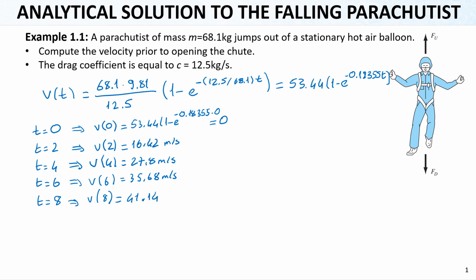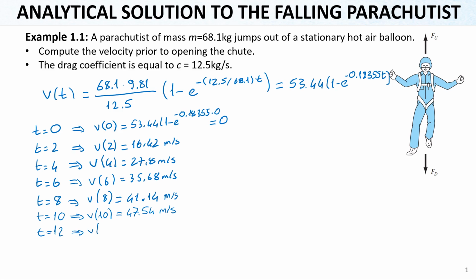You can simply substitute the t values into the equation and calculate. This is meters per second again. For t equals 10, v10 is 47.54 meters per second, and finally t equals 12.